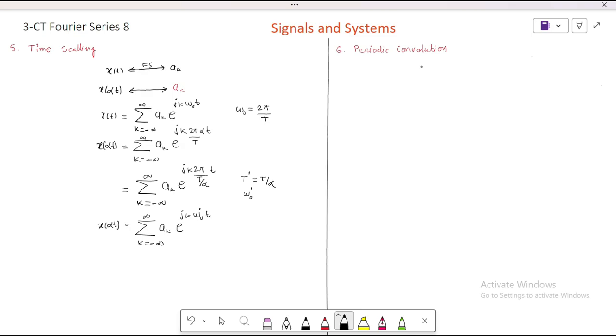So x of t has Fourier series coefficient ak, and y of t has Fourier series coefficient bk.